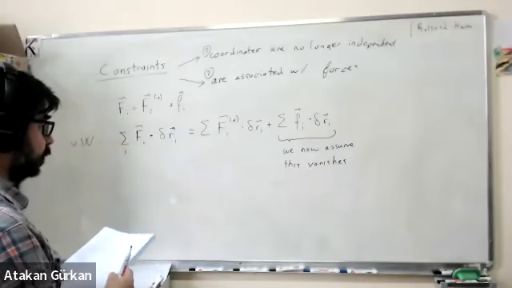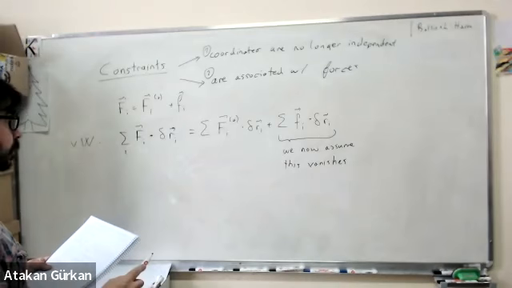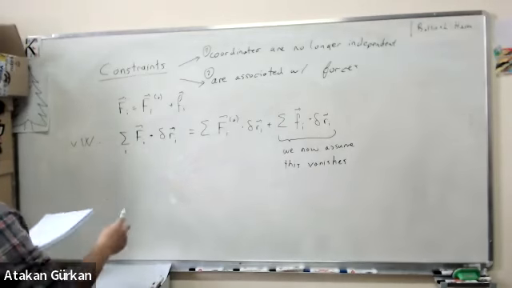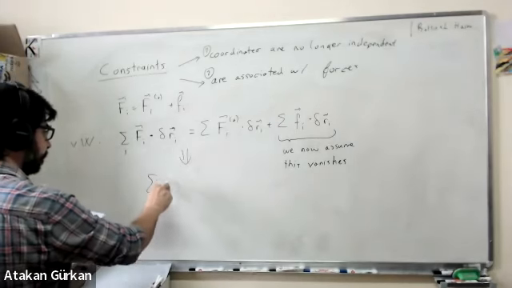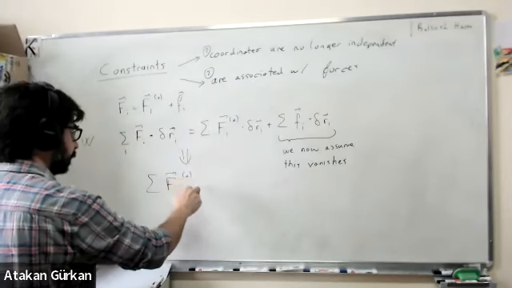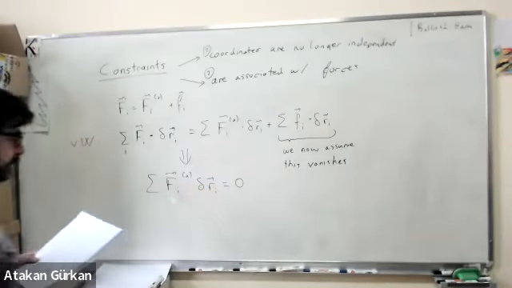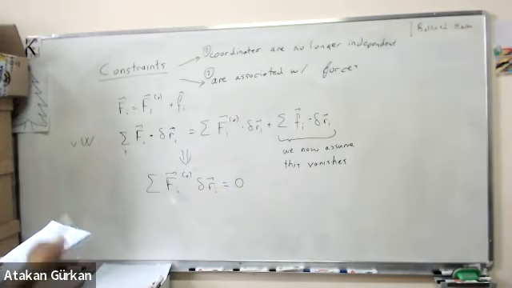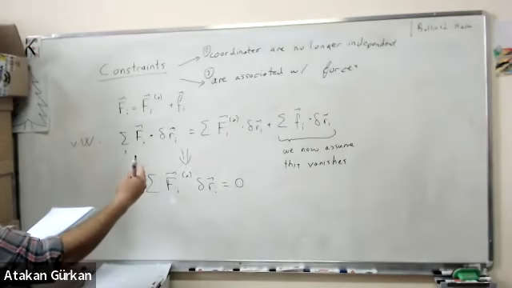Another way that our book uses is, I know I'm over time, actually, if this is true, then I've got Fi applied dot delta Ri is zero. Because the total virtual work has to be zero by equilibrium, because this Fi is zero, the work done by itself must be zero.